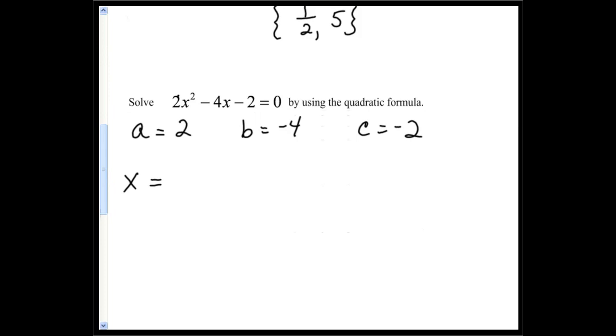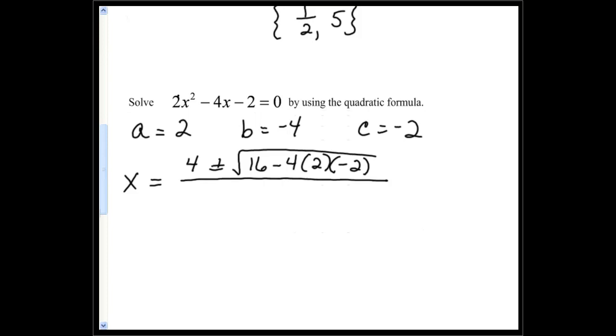Substituting these values into the quadratic formula, the opposite of b will be 4, plus or minus the square root of b squared, which is 16, minus 4 times a, which is 2, times c, which is negative 2, all over 2 times 2.